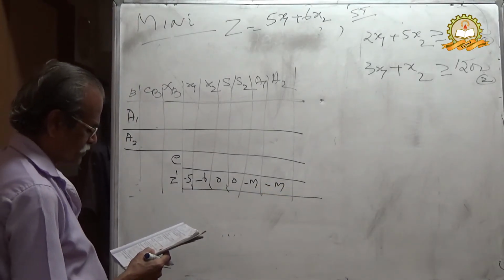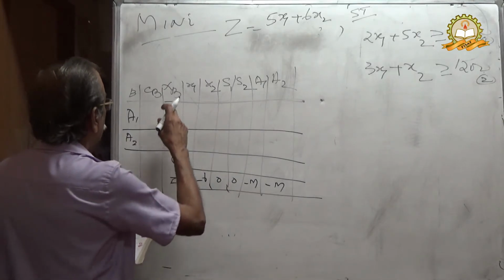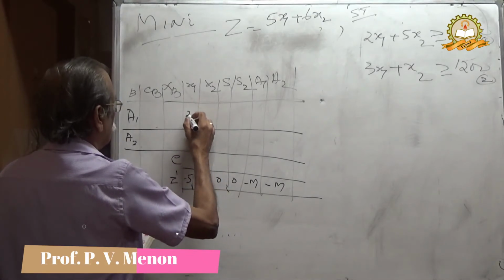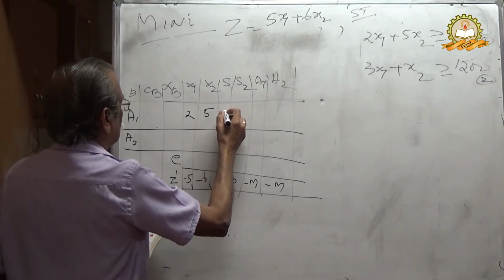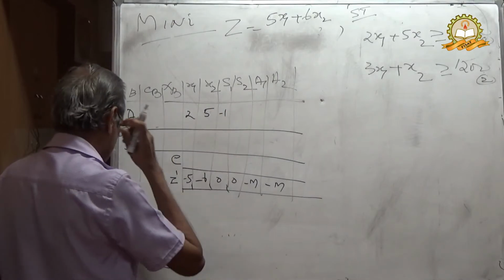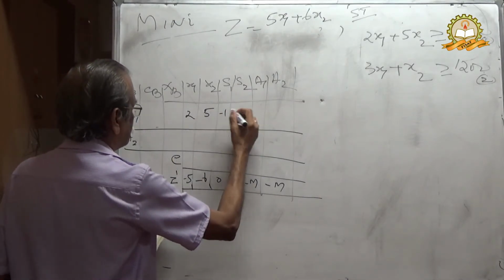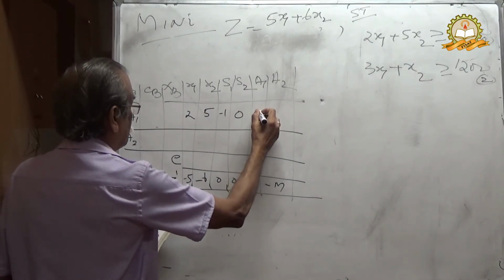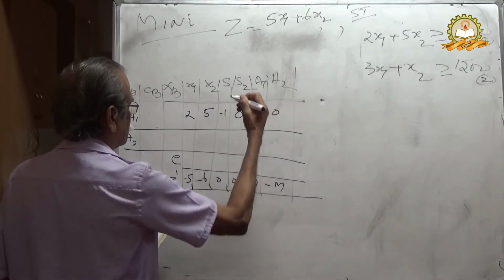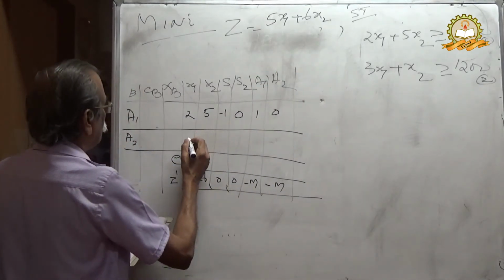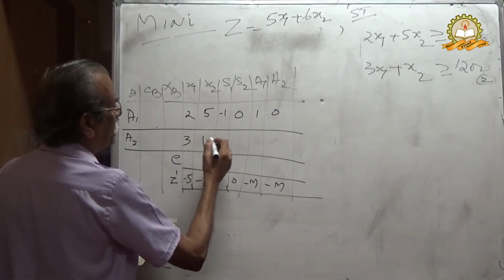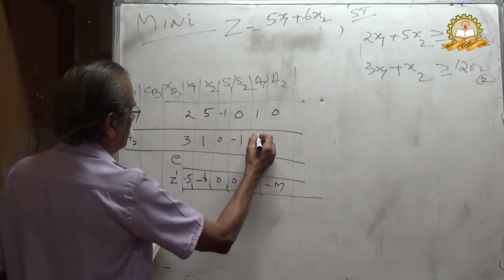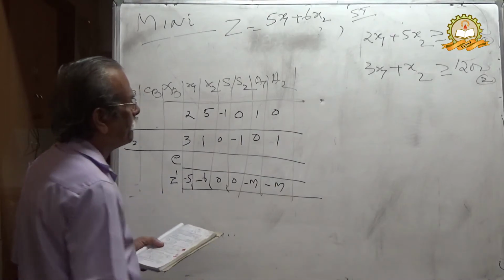Consider the first equation: x1 is 2, x2 is 5, then s1 is minus 1, 0, then plus a1 0. Then the second equation: 3, 1, under s2 0, minus 1, 0, 1.